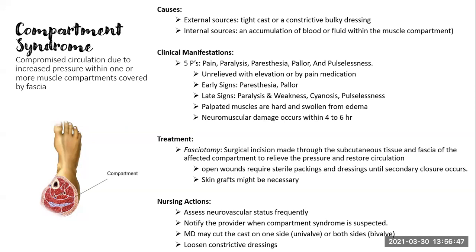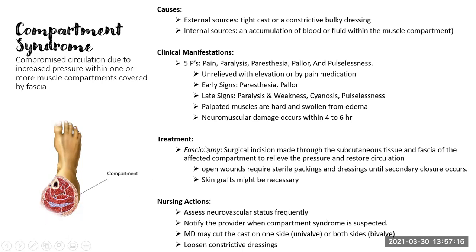Early signs are going to be numbness, tingling, pain, pallor, versus late signs are going to be loss of function, paralysis, weakness, cyanosis, pulselessness. Muscles may be hard and swollen due to the edema in that interstitial space. And then, of course, neuromuscular damage is going to begin to occur due to decreased perfusion.